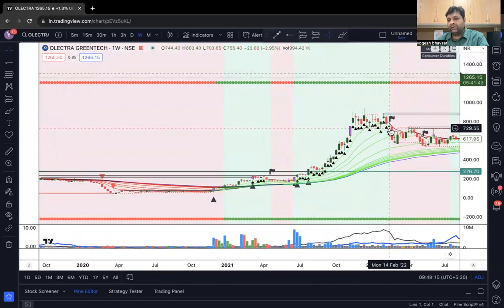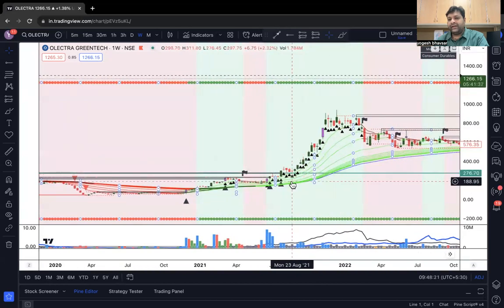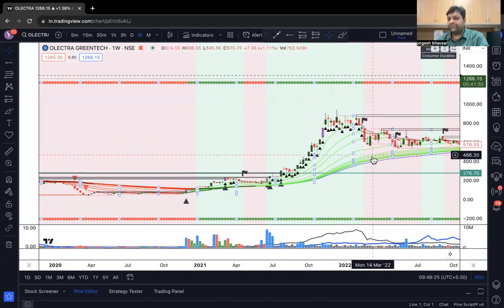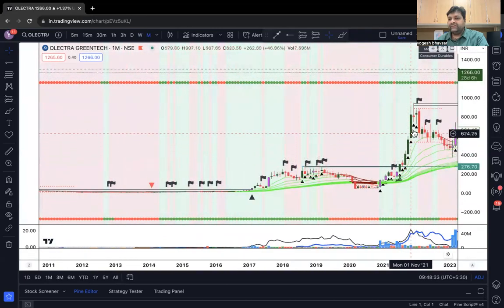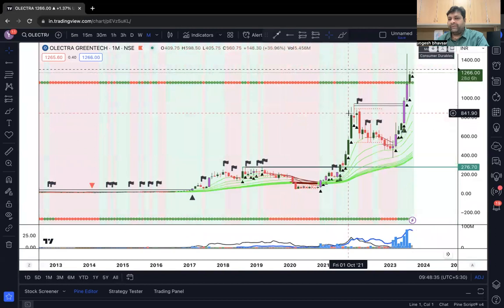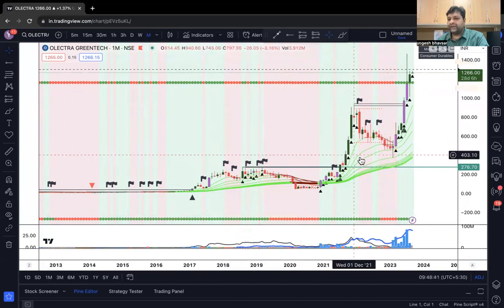See, it came down, it's making a black flag, but our entire journey is below candles, below EMAs, and after 70 it is still green in color. In this area we are still bullish. We came down, still weekly is green, or sorry, monthly is green.